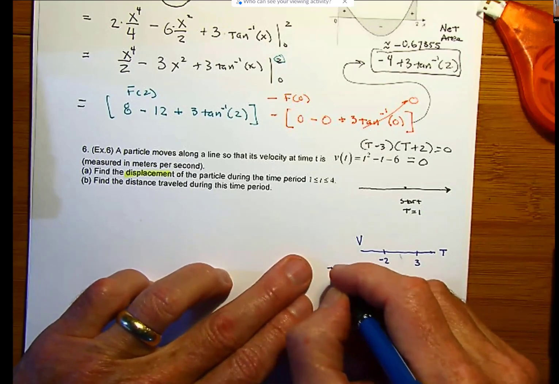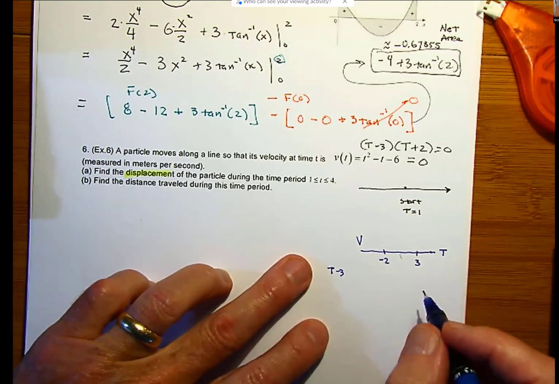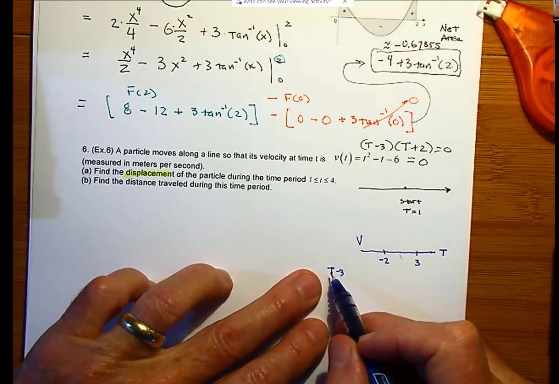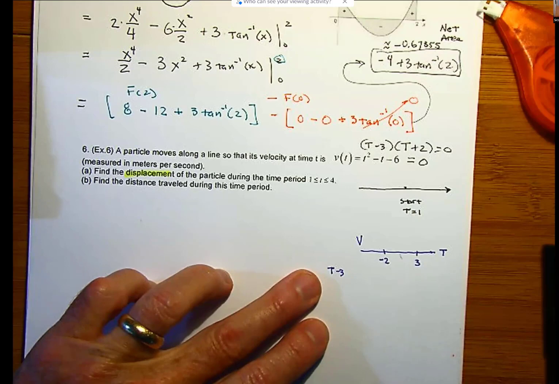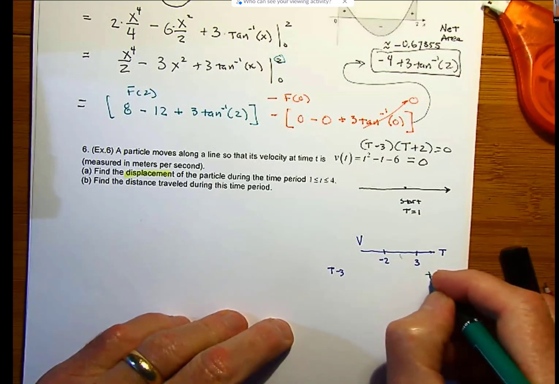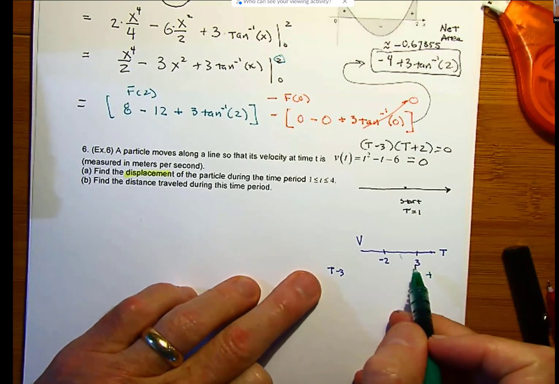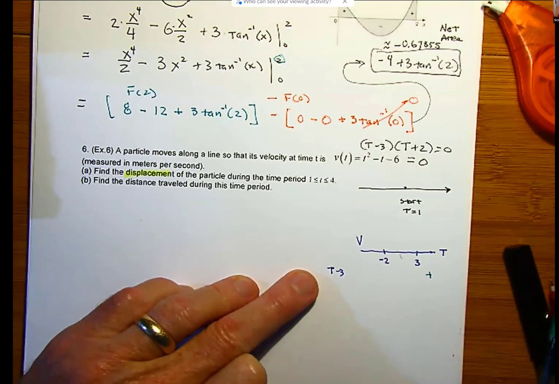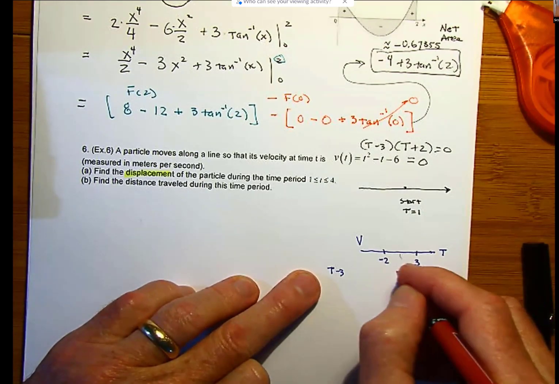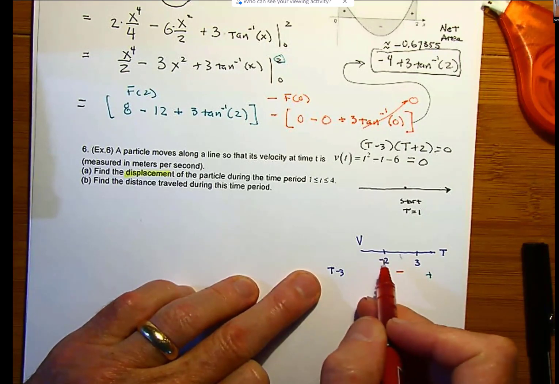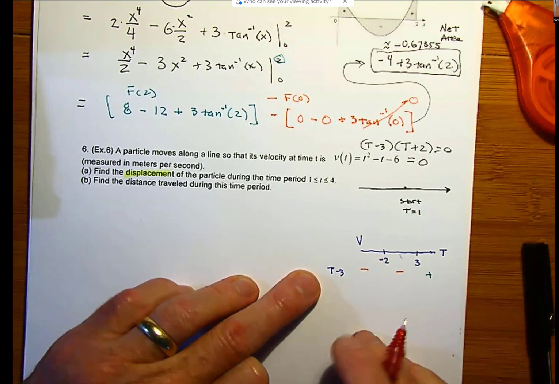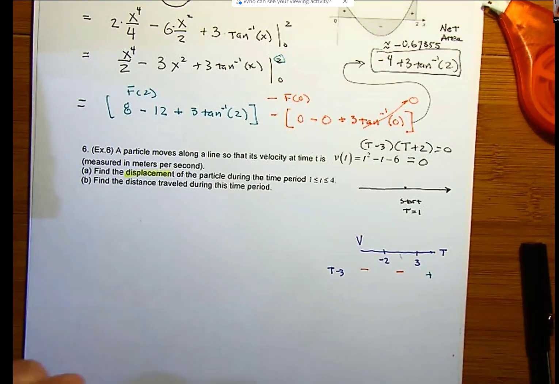So I'm going to do the first factor. When time is bigger than 3, like 4 minus 3, this is positive. And when time is smaller than 3, like 1 minus 3, this will be negative. I don't need this for time smaller than negative 2 because it's out of my domain, but I'm going to complete the table just for closure here.